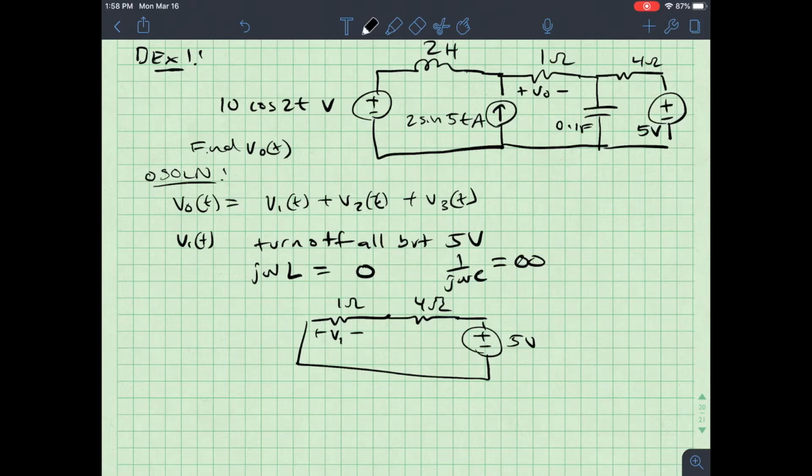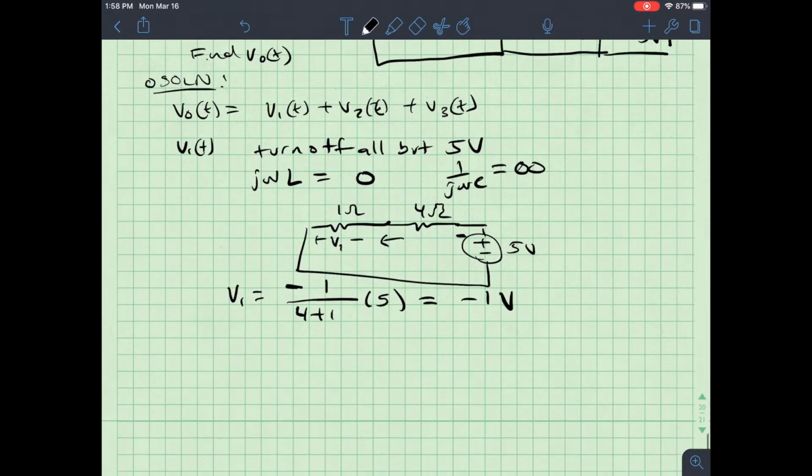So V1 using voltage division is negative. Negative because the plus sign of my source is up here. It's going into the negative sign of V1. So negative 1 over 4 plus 1 times 5 looks a whole lot like negative 1 volts. Next, we'll move to finding V2 of t.